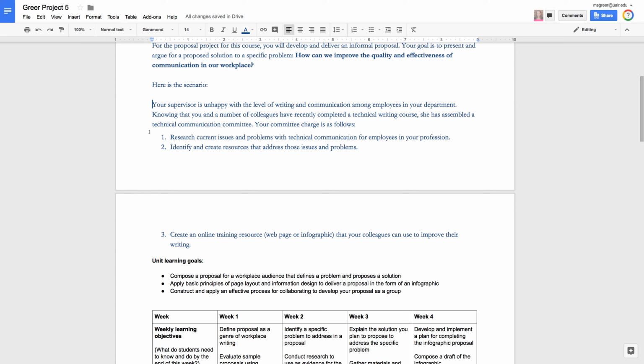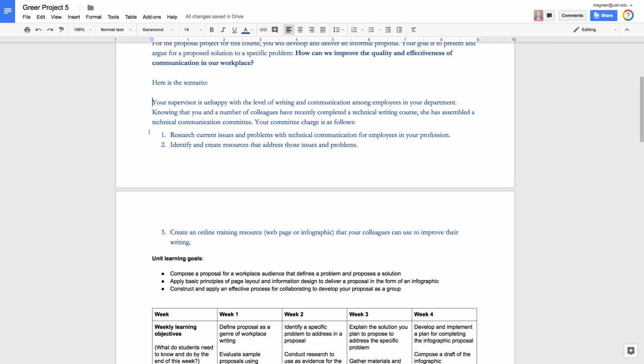And I had a lot of nurses in the class, and I asked them, does this seem realistic to you? And they said, totally. We have all kinds of problems with communication, with patient handoff, shift changes. So they immediately bought into this project and said, yes, this is something that really happens in our workplace a lot.